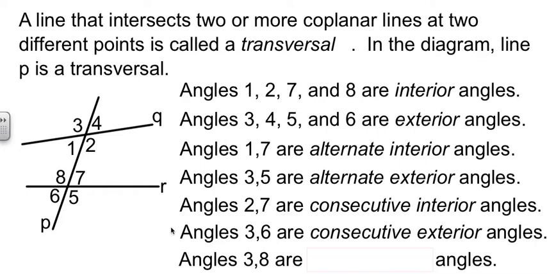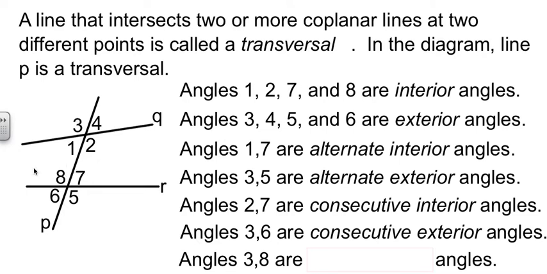And then our final group of angles that we need to talk about, or classification, angle 3 and angle 8. Notice where these two angles are. They're both above the line. One is exterior, one is interior.